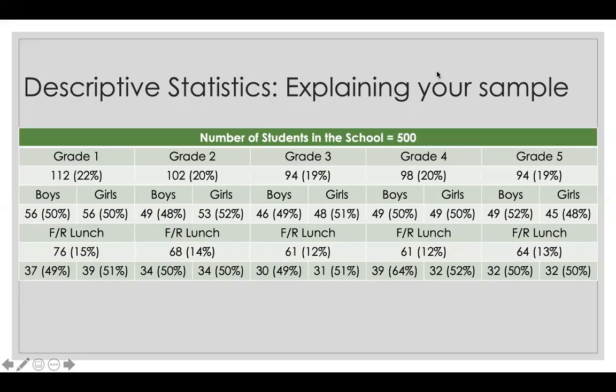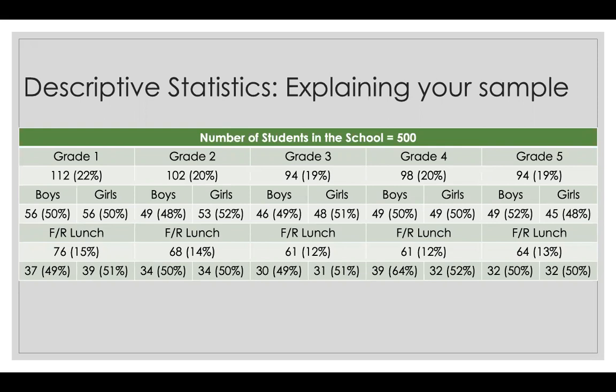So this is a similar table, except here you can see we include both counts and percents. And it's important to think about what you want your reader to know about your sample and why counts or percents might be interesting or important.